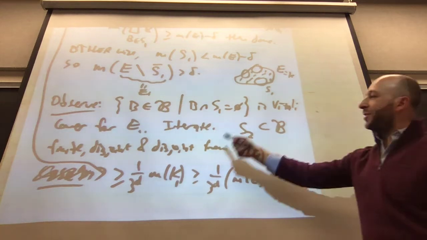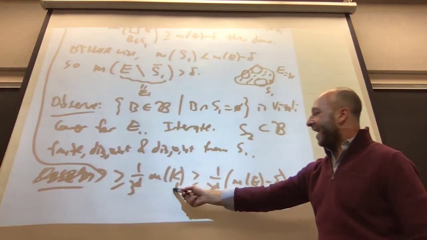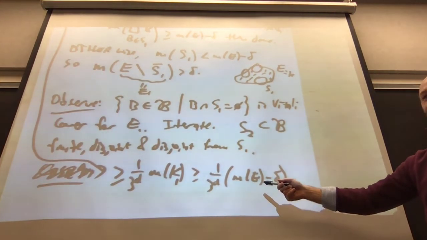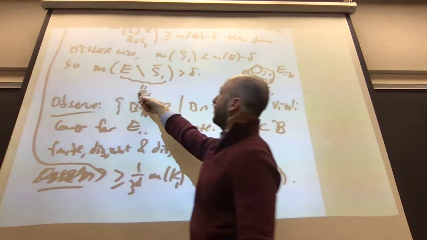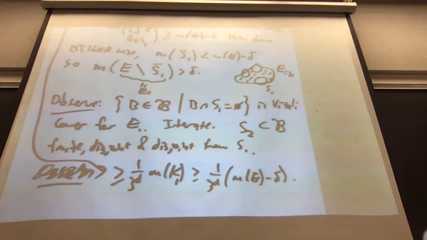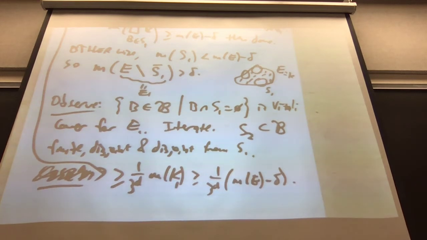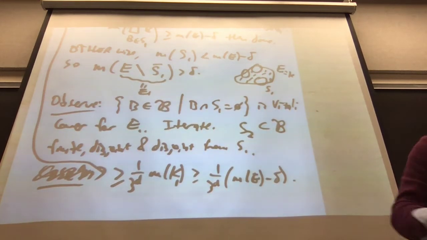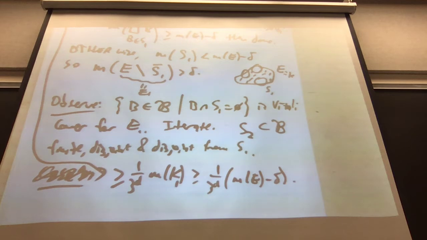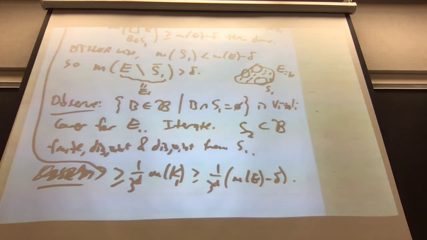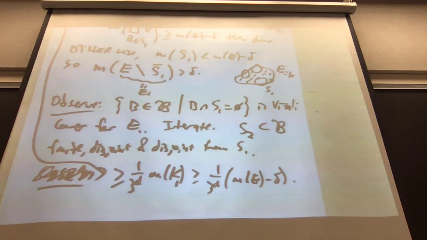So every time I do this, you see what's left over has some positive amount. Sorry, that's not what I want to say. I just want to say that the measure of K1 is at least delta.